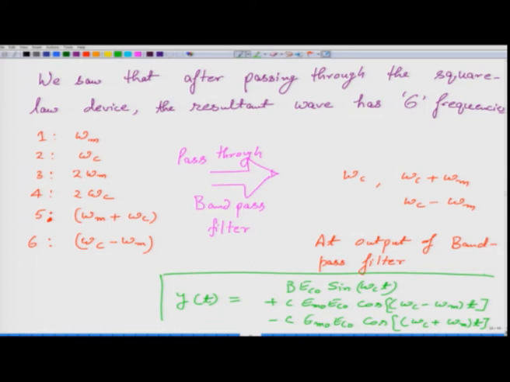Now, typically the power of this amplitude modulated wave that we have just generated after passing the modulating wave and the carrier wave through an adder first and then to a square law device, the overall power of the wave that has been produced after the band pass filter is very small. So, generally after passing the waves through a band pass filter, we use a power amplifier also.